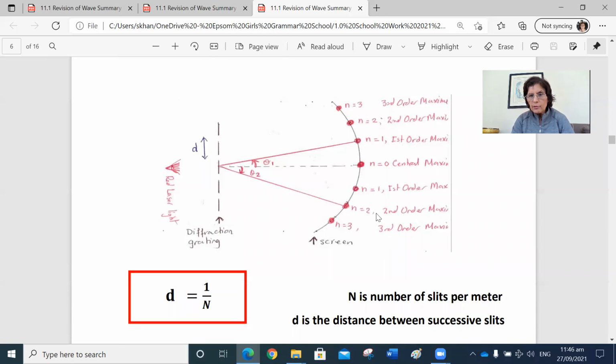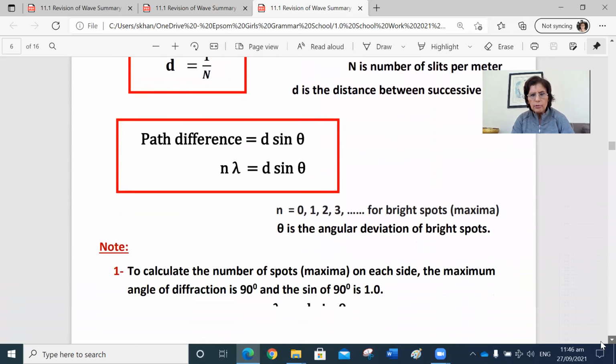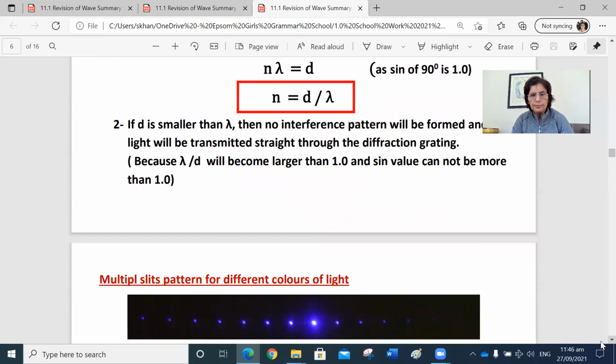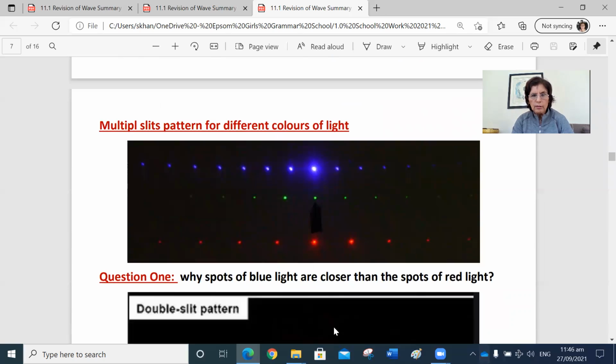Now, what's the difference between this pattern, which is a multiple slit interference pattern, as compared to double slit, as shown down here? Red light has a longer wavelength as compared to blue light, so red diffracts more, or blue dots will be closer and red will be further apart, green somewhere in the middle.